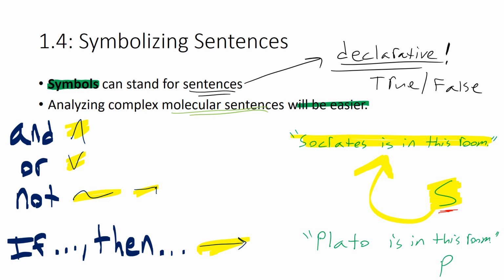We'll give that a P. So P will stipulate means Plato is in this room. And we could form a molecular sentence such as S and P. Socrates is in this room and Plato is in this room. Or alternatively, we might form the molecular sentence, it is not the case, S, not S. In other words, it is not the case that Socrates is in this room.